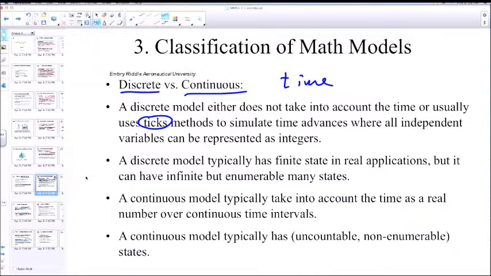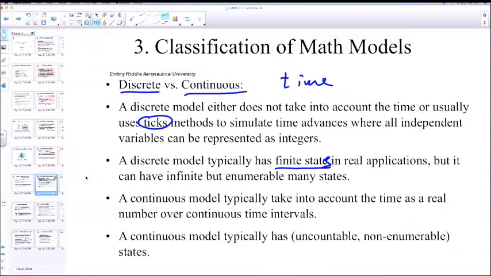You only have green, yellow, red. Don't have anything in between. And most artificial systems, like our computer system, are discrete systems. If you want to model an algorithm, most are discrete models. So a discrete model usually has finite states.